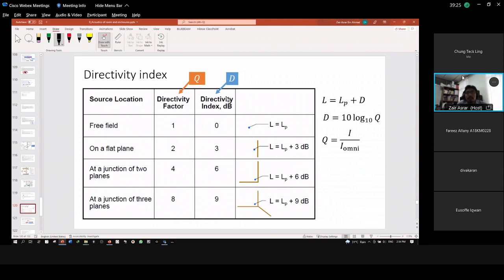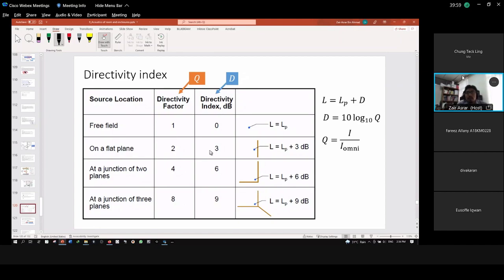For example, if we have directivity factor Q equals 1, D equals 10 log 10 of 1, which gives us a value of 0. That means our sound pressure level is equal to the sound source itself plus 0. Obviously, it's the same as the sound source in the free field. On a flat surface, Q equals 2, so D will be equal to 10 log 10 of 2, which means D is about 3.